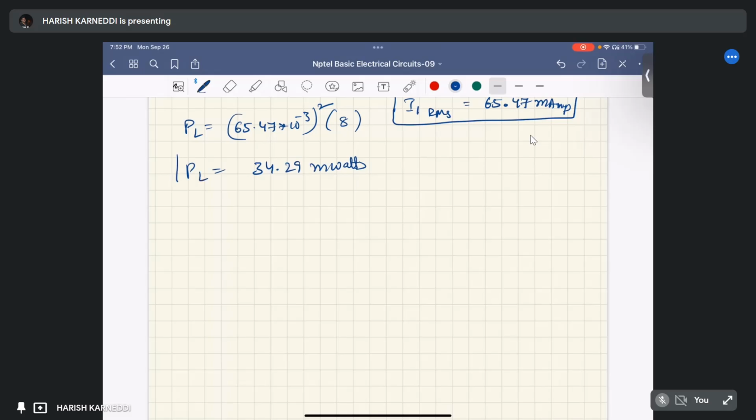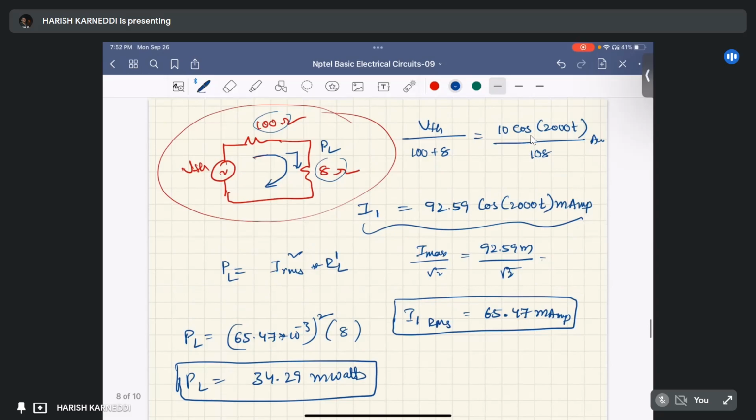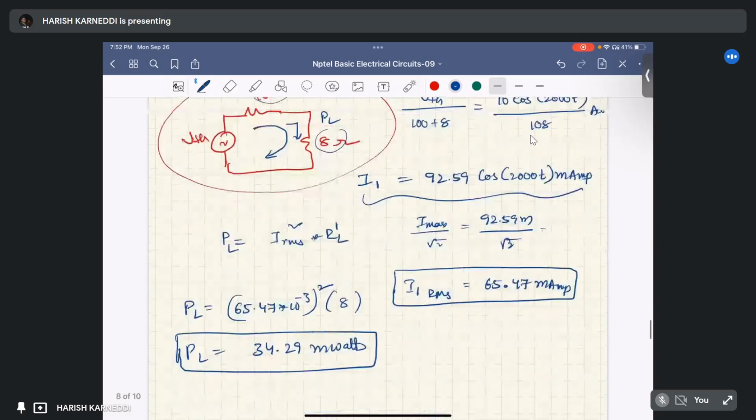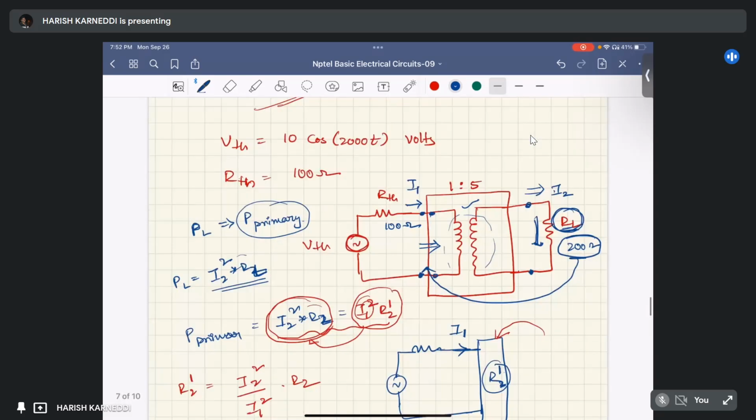The power dissipated by this load, the average power, is 34.29 milliwatts.